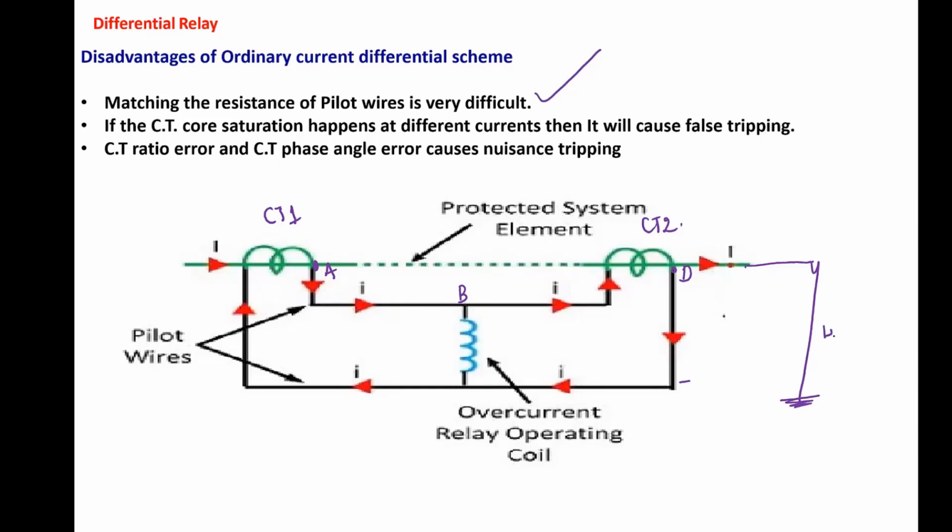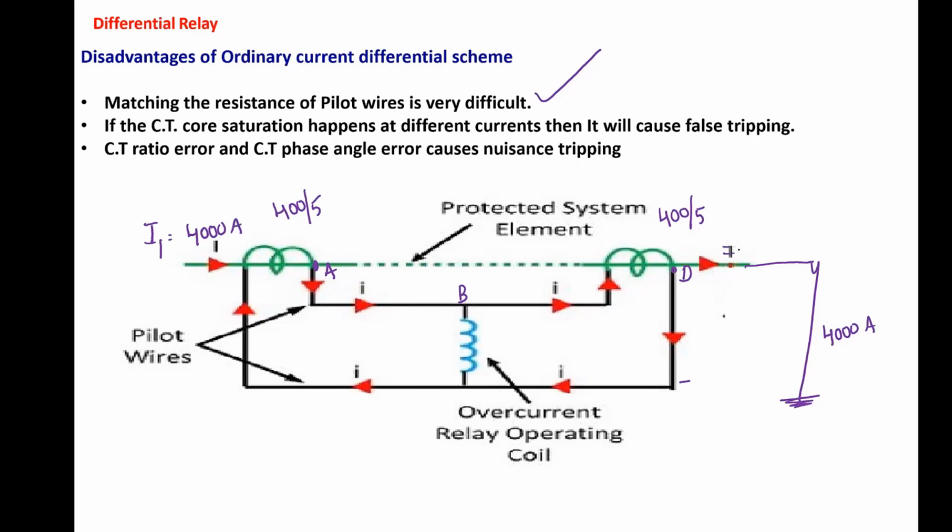Let us say the fault is a 4000 ampere fault, where our CT ratios are 400 by 5 ampere, and this is also a 400 by 5 ampere CT. The fault is outside our zone. Ideally speaking, the relay should not trip. So the primary is carrying how much current? My I1 current is how much? I1 current is also 4000.